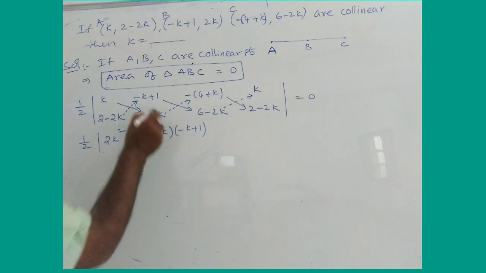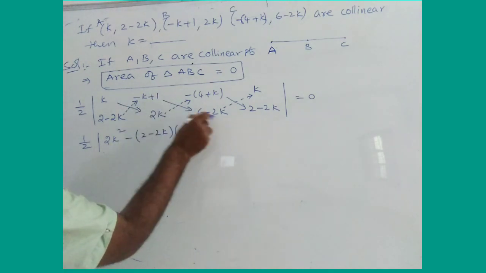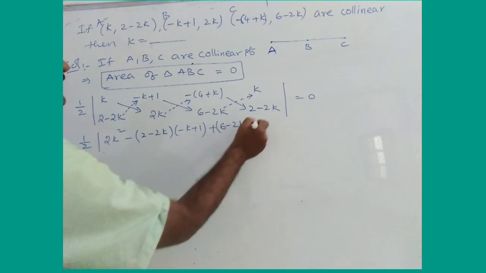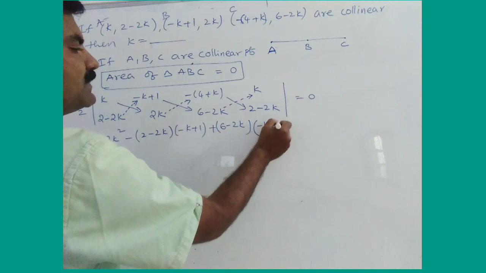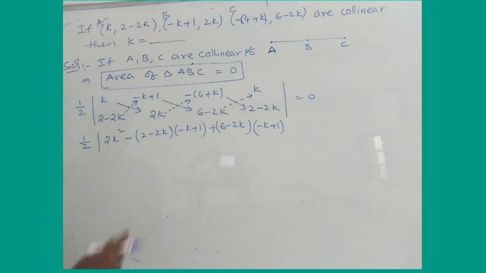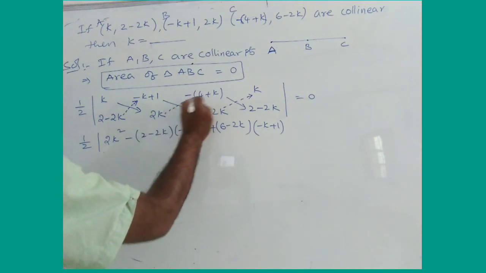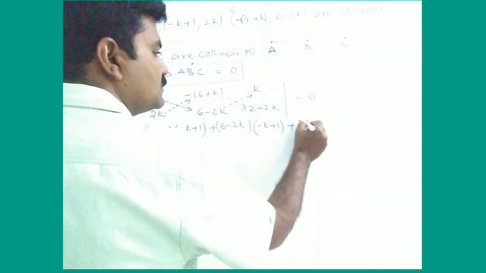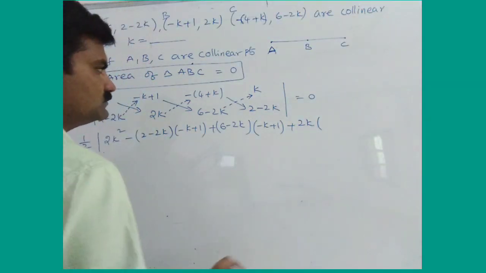Coming to this product as it is, plus 6 minus 2k into minus k plus 1, and this dotted arrow is minus of 2k into 4 plus k.